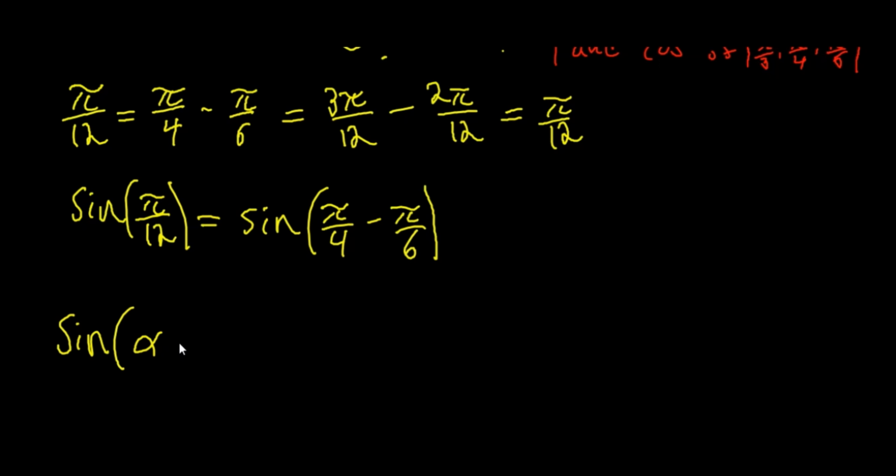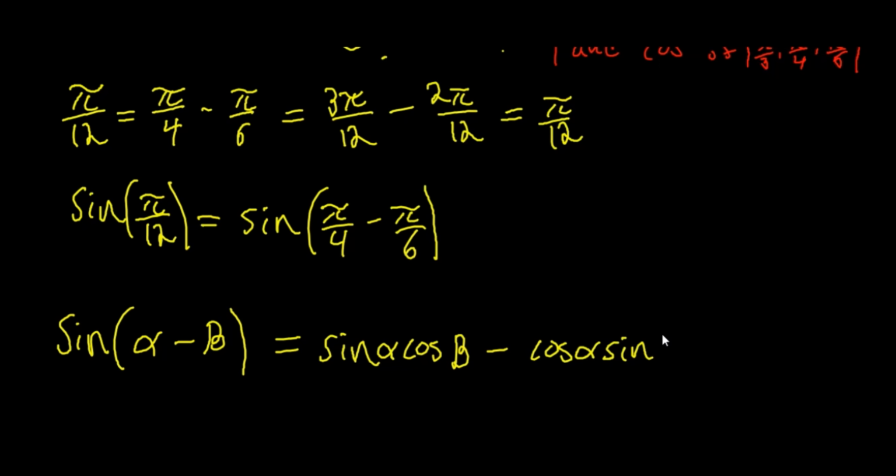The sine of alpha minus beta for any two angles alpha and beta is equal to the sine of alpha times the cosine of beta minus the cosine of alpha times the sine of beta. So check this out. We can say that pi over 4 is our alpha, and pi over 6 is our beta.